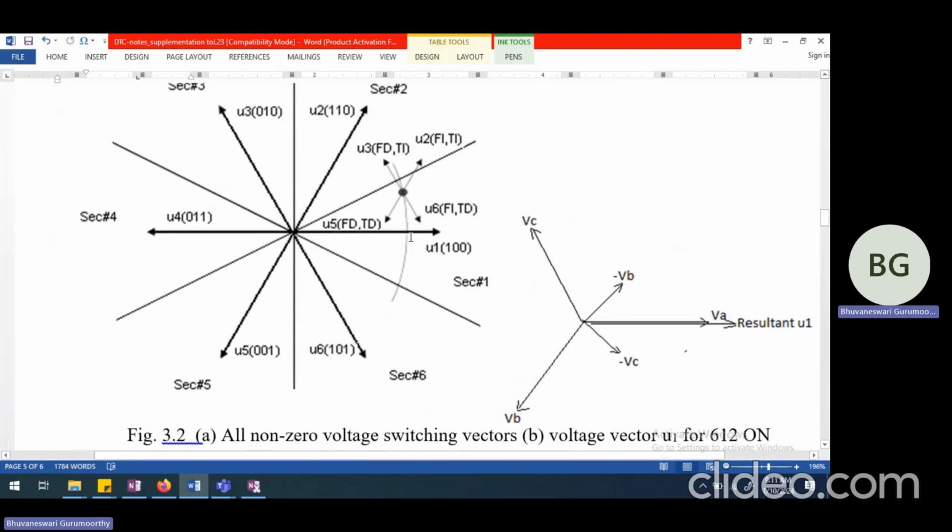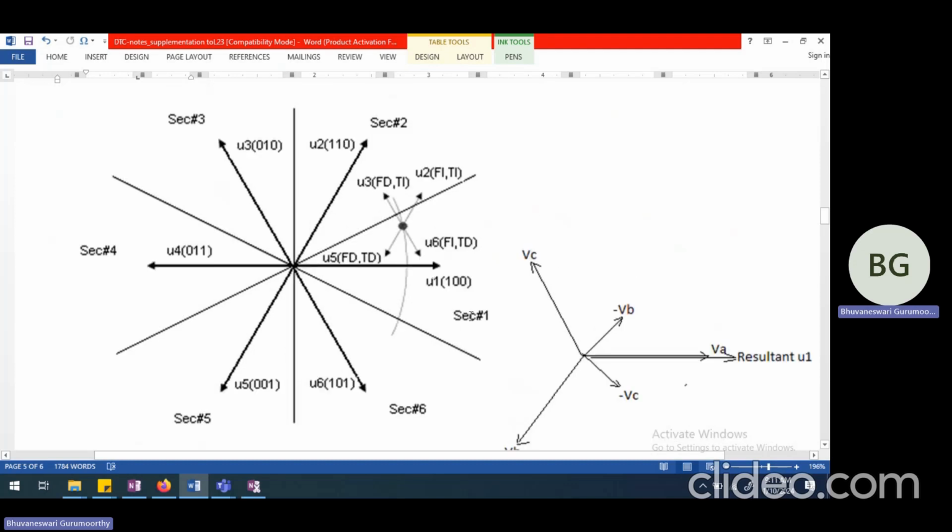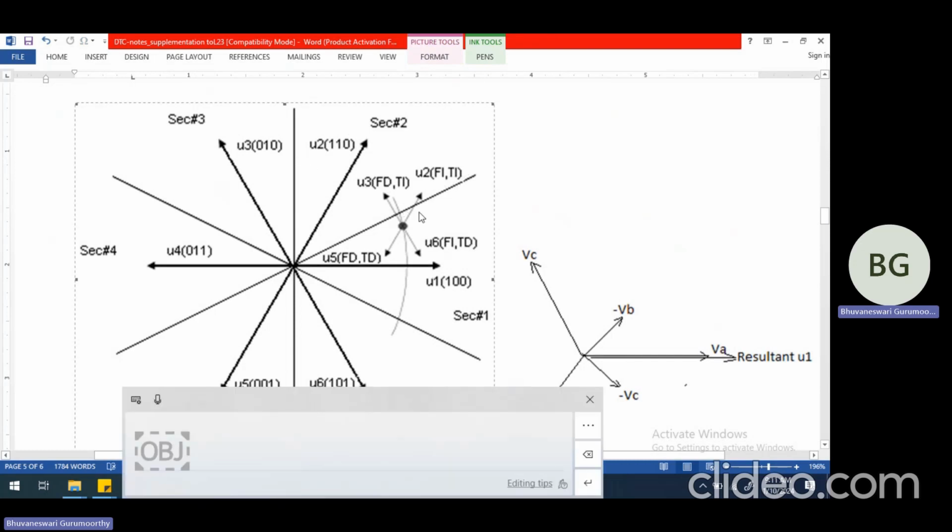You can see very clearly that this corresponds to V1, which is 100. This is V2, which corresponds to 110, 123, and so on. So we call this sector 1. This entire thing from here to here we call sector 1. From here to here we call sector 2, and so on.